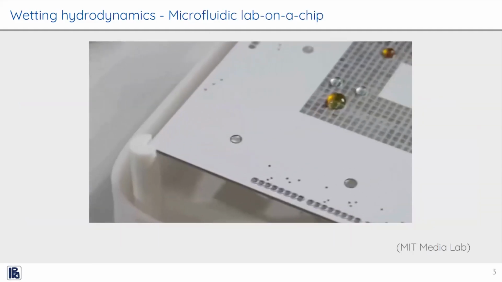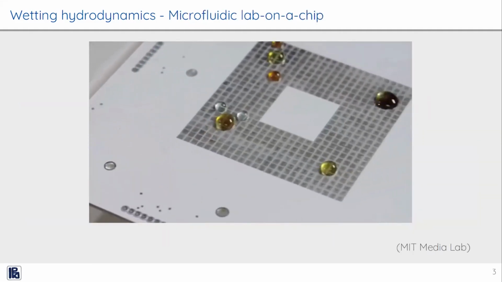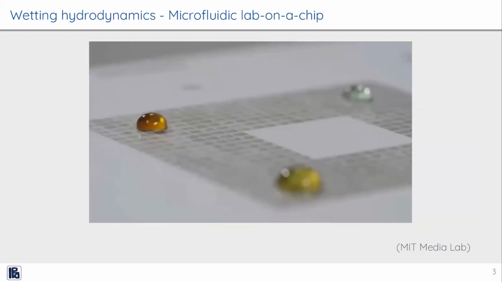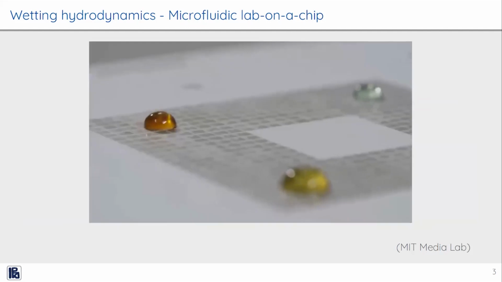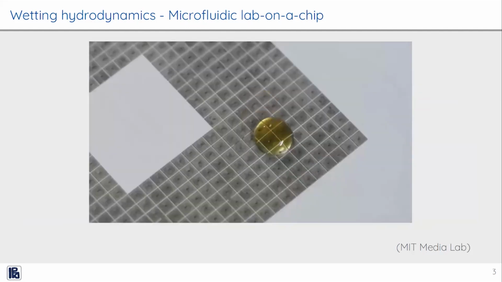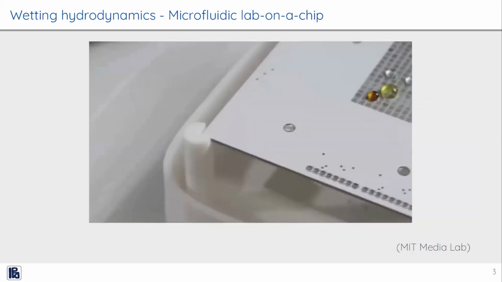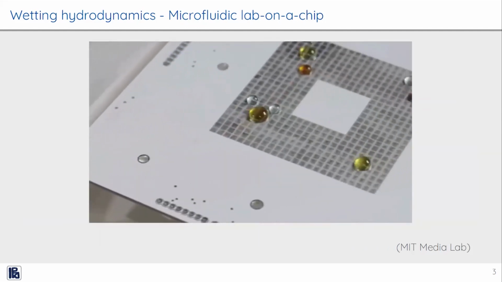Self-cleaning devices, and a very interesting application for us is the microfluidic lab-on-a-chip device, where we use electric fields to move the droplets around. In this way, we can batch process a large number of chemical or biological samples without the need for any large-scale laboratory equipment.